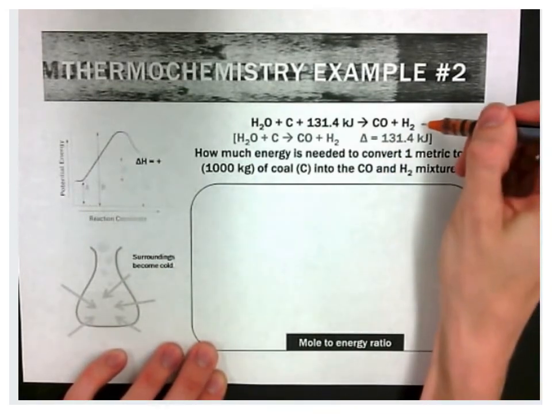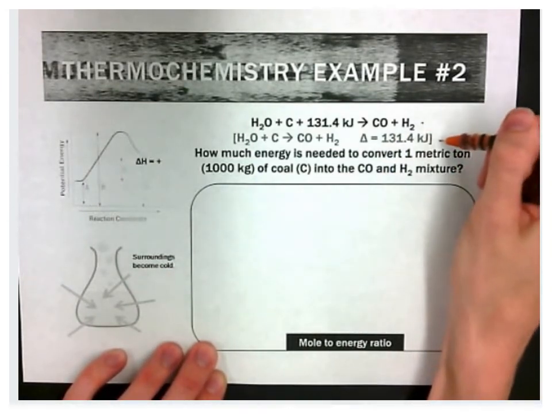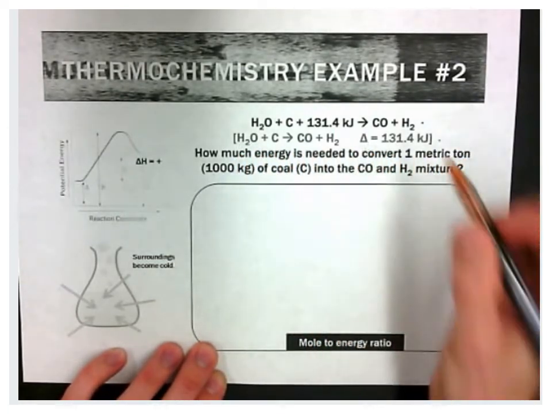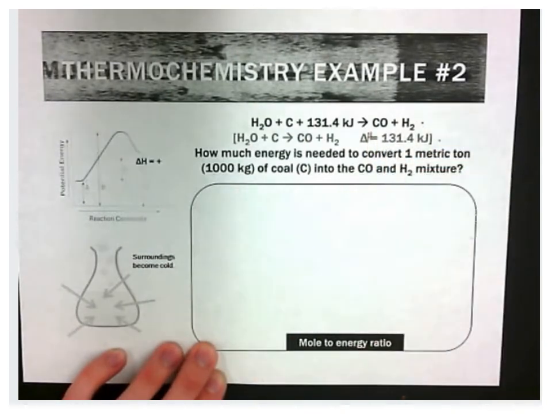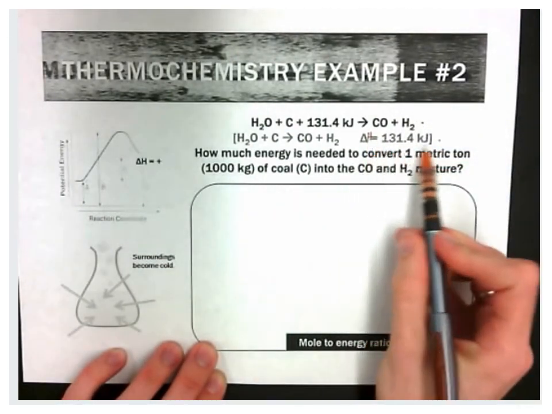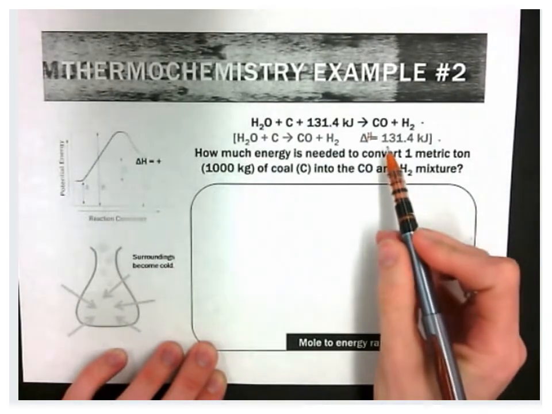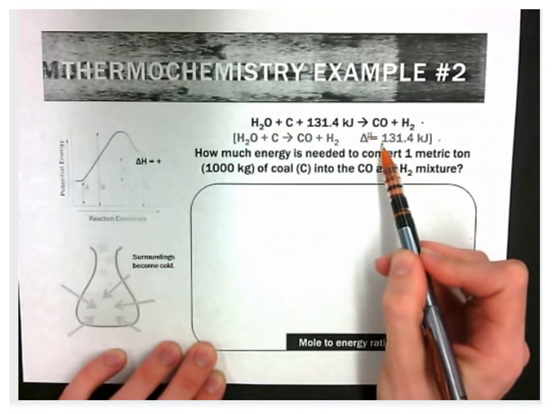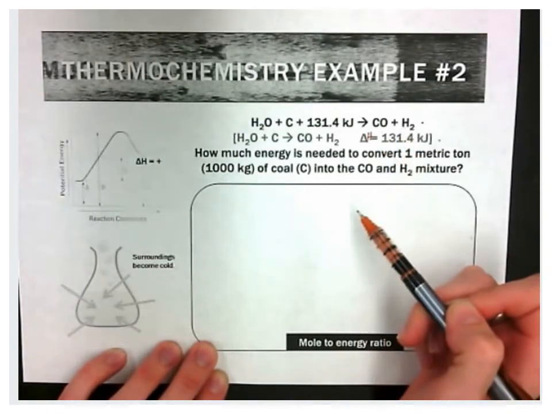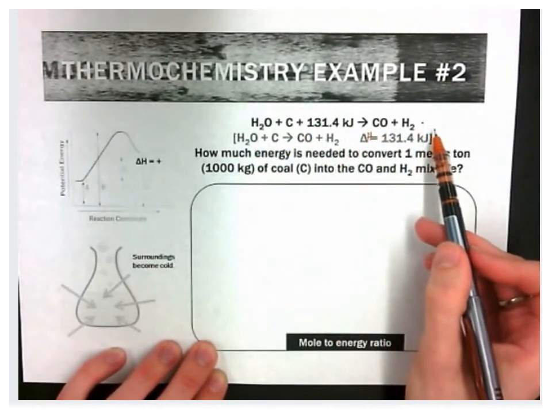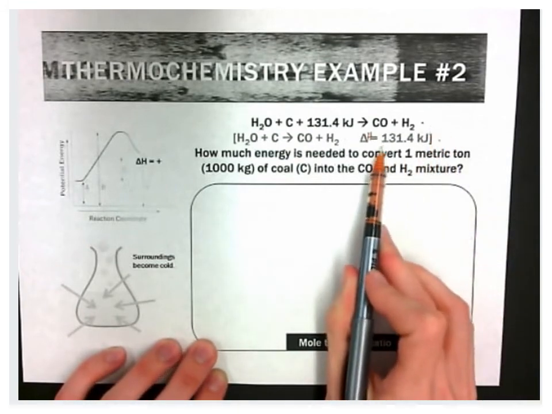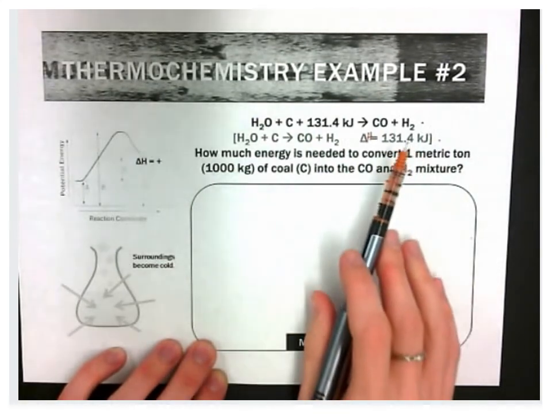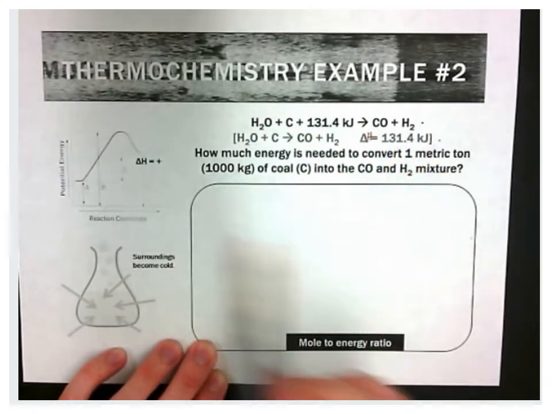Now, this isn't typically how you will see it, but this is analogous or synonymous to this equation here, where you would be given the delta H of the reaction. And in this case, there's no negative there. So that means that this amount of energy is added to the system for this reaction to proceed. Okay, so it's added. I count it sort of as a reactant. So that means energy is added to the system.